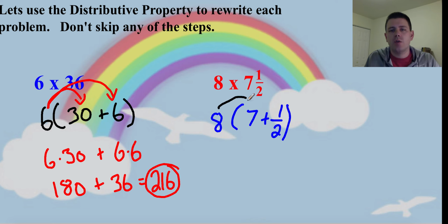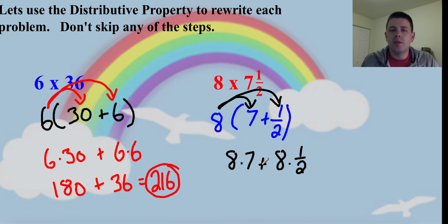I know how to do 8 times 7. And I don't know how to do 8 times 1/2. I'm going to do it as 2 simple, smaller problems, and then I'll put it back together when I'm all done.